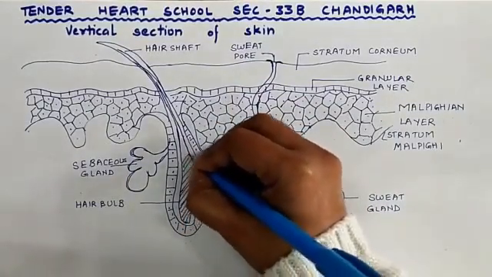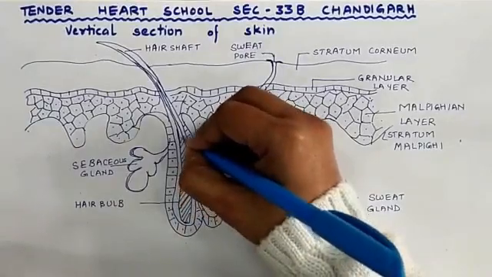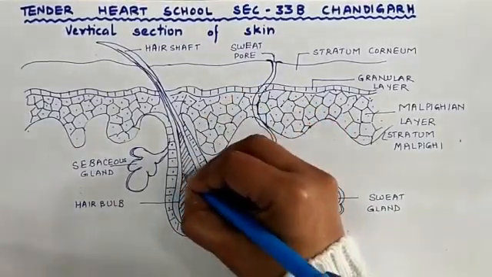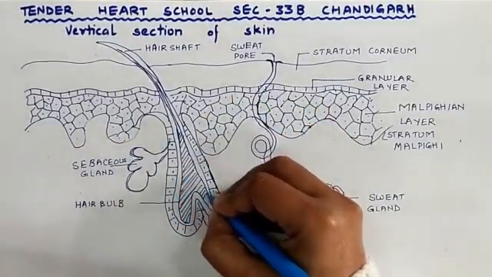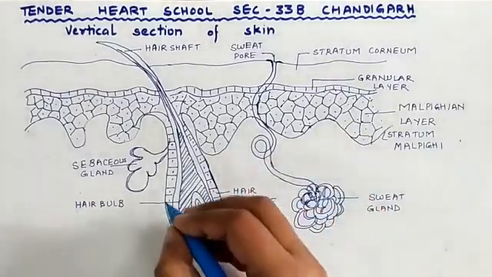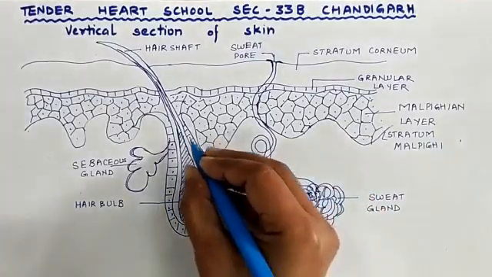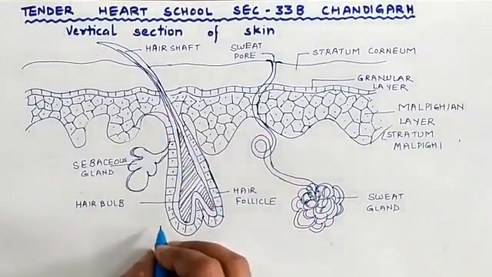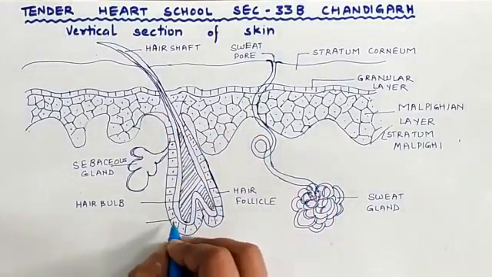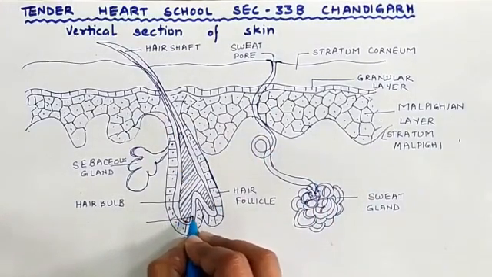This hair is getting nourishment from the hair follicle, and this is the hair papilla.